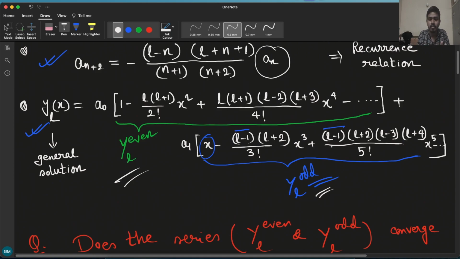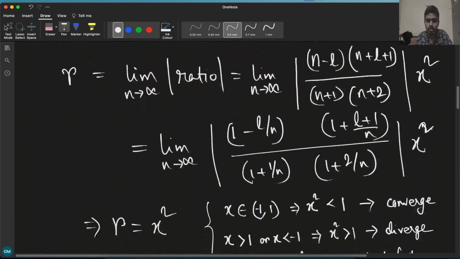But the even series, you can see there are terms like L plus 1, and if you put L equals 1, it is still a power series. So we cannot truncate the even series for L equals 1, and it can be shown that for x equals plus minus 1, the power series will diverge.